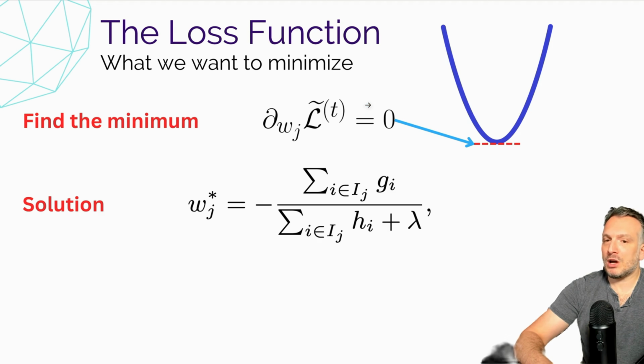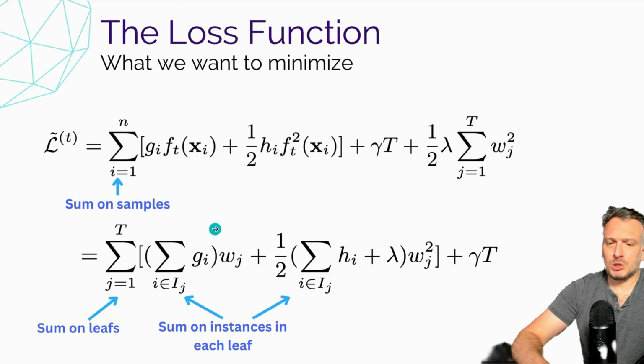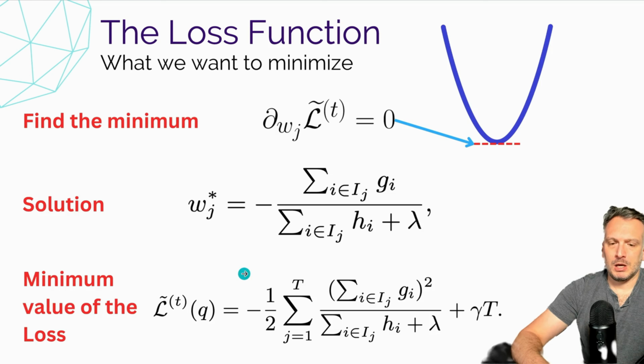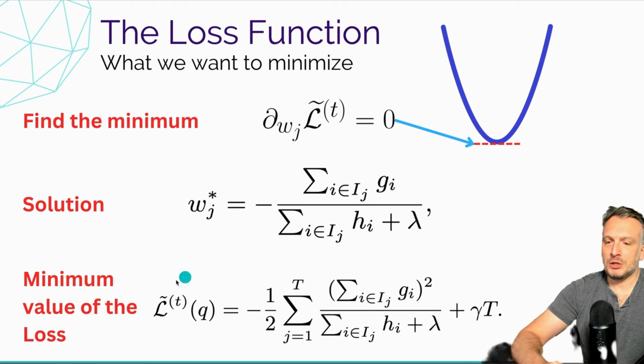And the solution of this equation is a set of weights that depend on the gradient, the Hessian, and this lambda function that captures the concept of complexity. And we can take those weights and inject them back into the loss function. When we inject them back into the loss function, we obtain this new optimal loss function that takes into account the optimal value for the different weights.